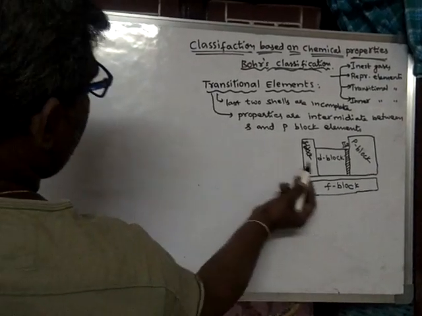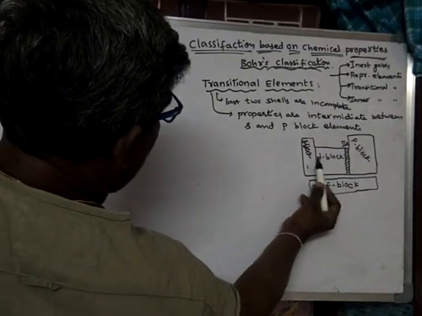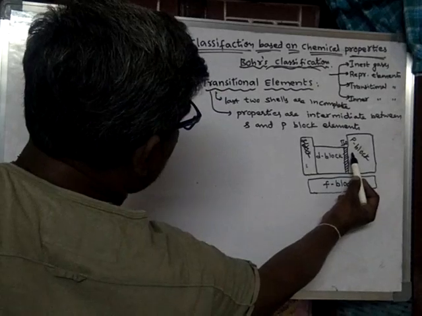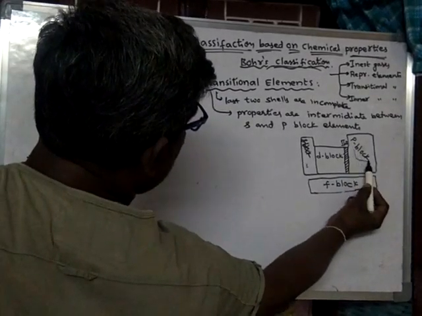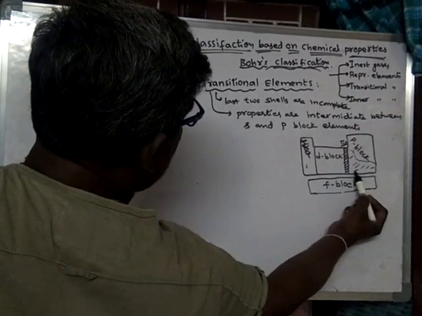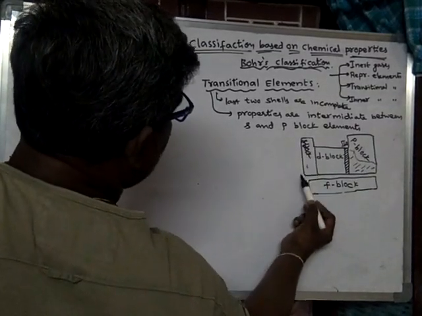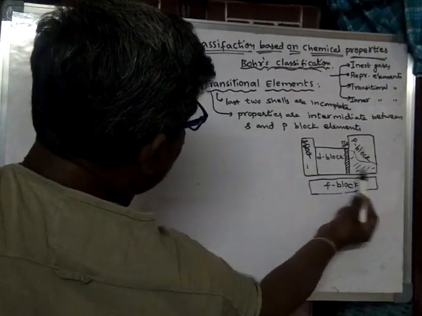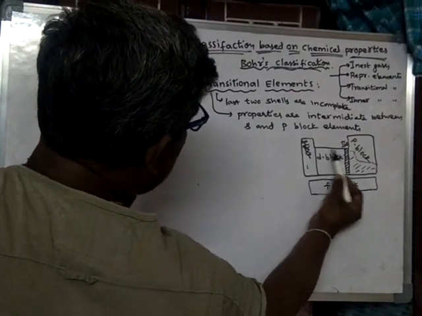See here, these are strong metals, and the P block contains weak metals. The strong metals are converted into weak metals through these elements.